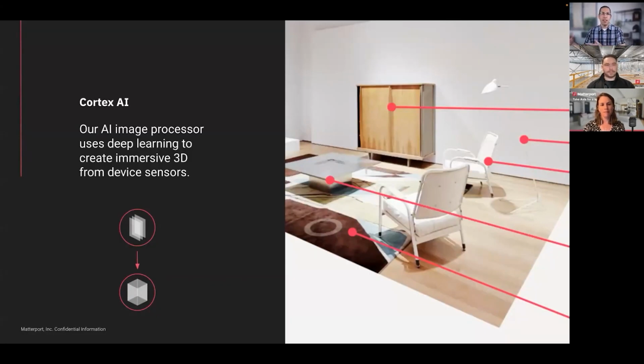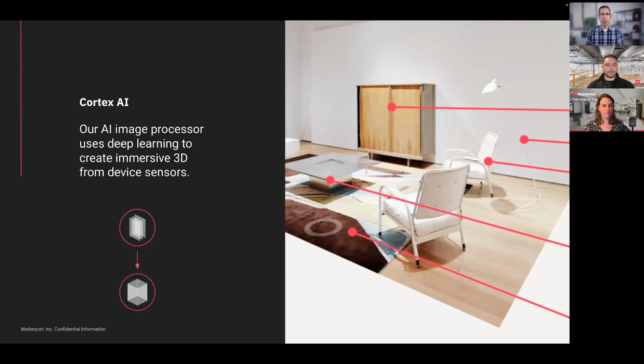Okay, what else? So as far as translating that data from the capture devices, from the camera into what you know as a digital twin, we use something called Cortex. It's an AI engine that was developed in Matterport, and it takes all that data that you upload.